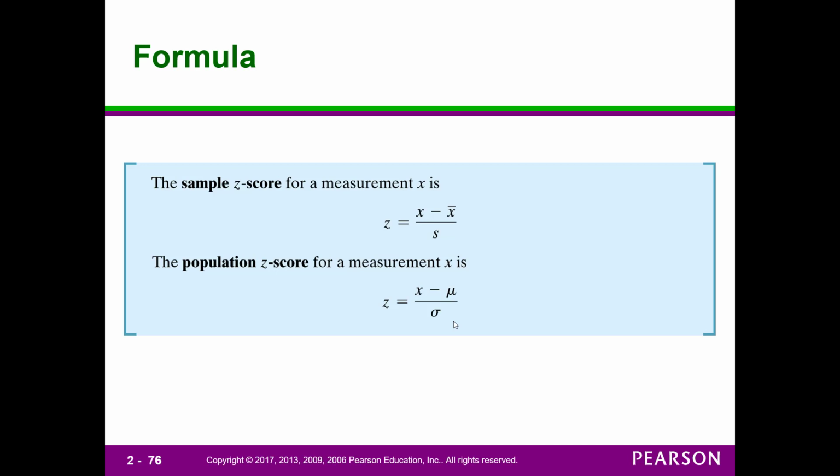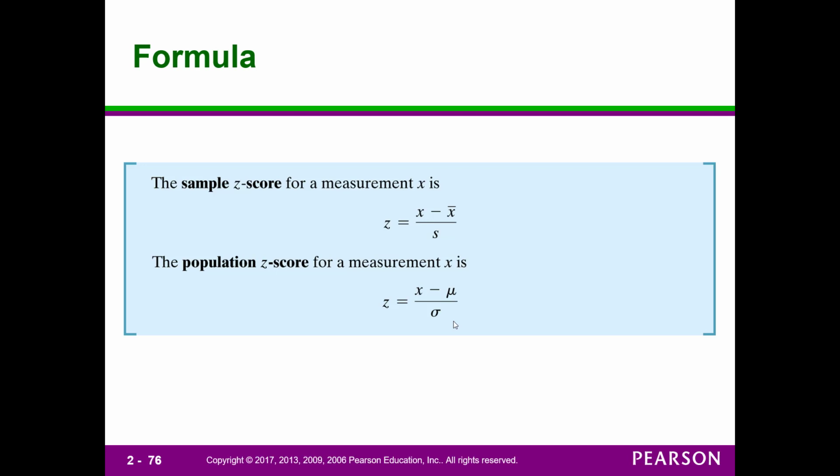The numerical value of the z-score reflects the relative standing of the measurement. A large positive z-score implies that the measurement is larger than almost all other measurements, whereas a large negative z-score indicates that the measurement is smaller than almost every other measurement.